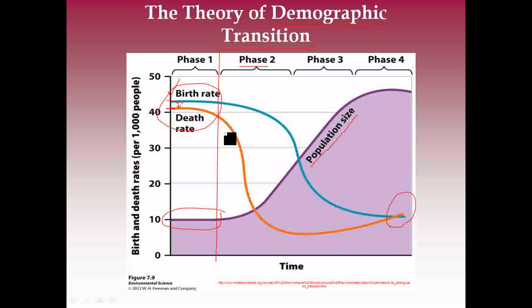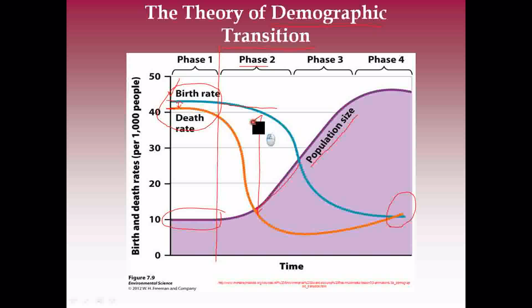When we make medical advances and we get more medicines to more people, we find that the death rate goes down. Since the death rate goes down and the birth rate still stays relatively high, we have a big population growth. And that's what we see here. Population size increasing drastically here because of this big gap between the birth rate and the death rate.